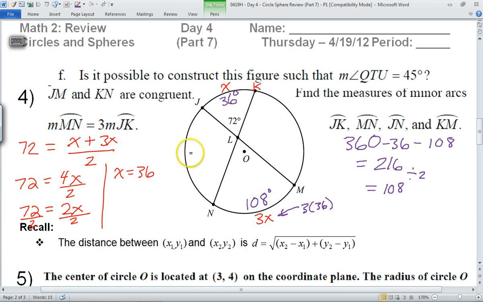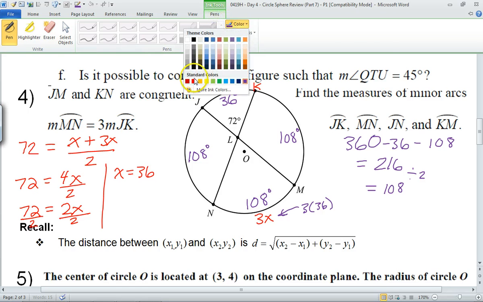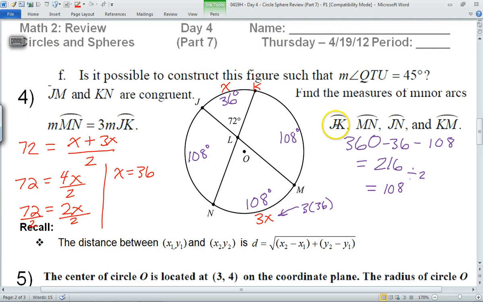That means these 2 arcs are both 108 degrees. All right, so now I think if we look, we'll find that we've answered all the questions. So JK, that was x here. That was 36 degrees. MN, well, all of the rest of these are the 108s.